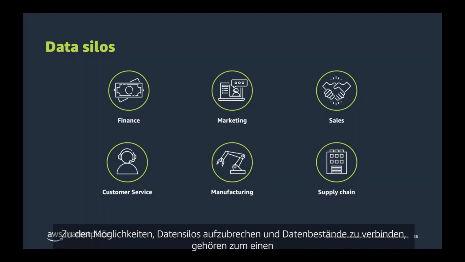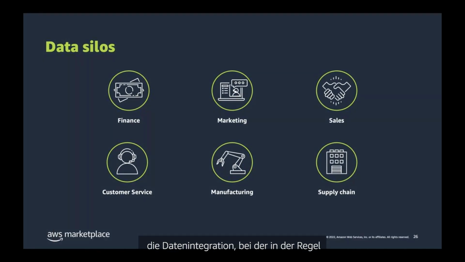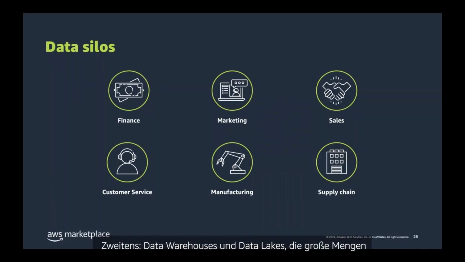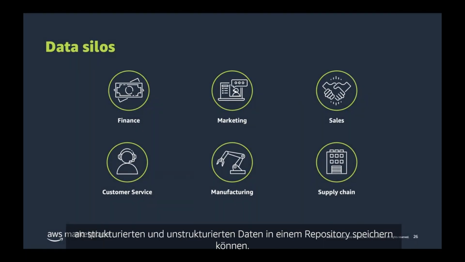Some ways to break down data silos and connect data assets include: one, data integration, which usually involves extracting siloed data and loading it into a target system or app. Two, data warehouses and data lakes, which can store large amounts of both structured and unstructured data in a repository.